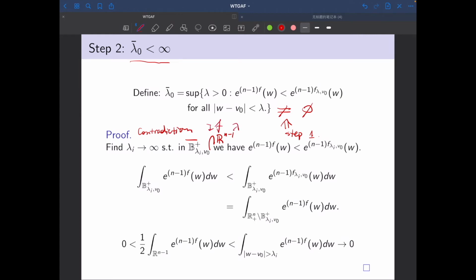if lambda naught bar equals infinity, then we can choose a sequence lambda i going to infinity, such that, I changed the notation here, it's supposed to be on the boundary, we have this pointwise inequality, and then when you integrate, this is what we get.